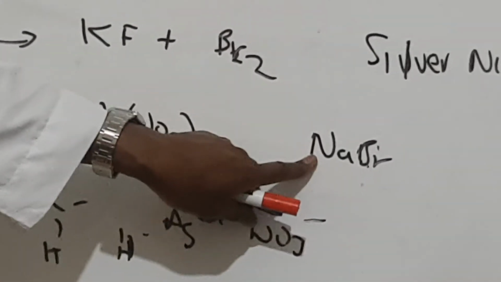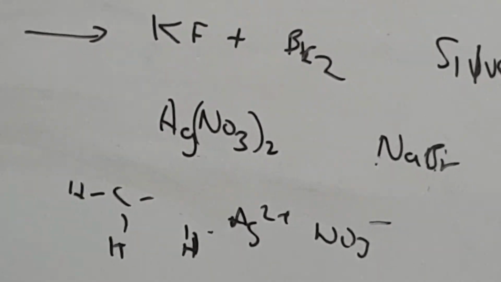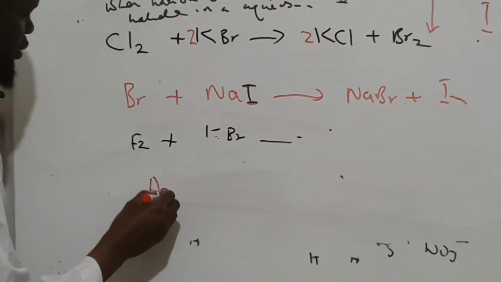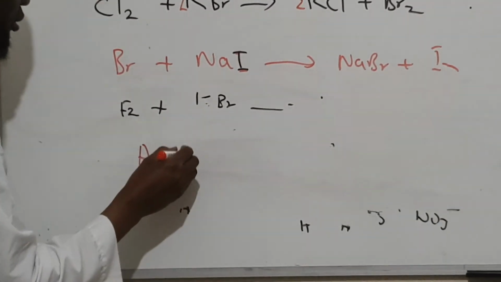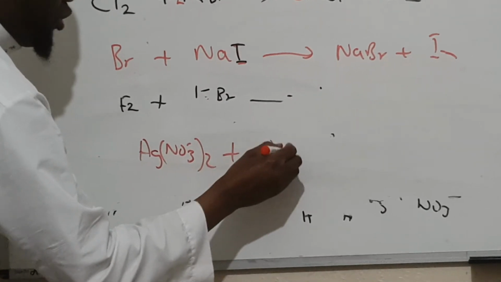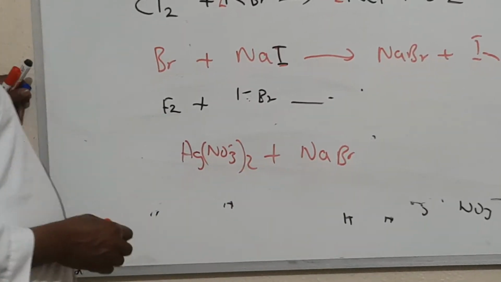Sodium, which is more reactive, will displace silver. What compound will you have? Let me demonstrate this here, because you are going to do this later. If you have silver nitrate, AgNO3, plus a compound which you don't know what is inside, but assuming it is sodium bromide.